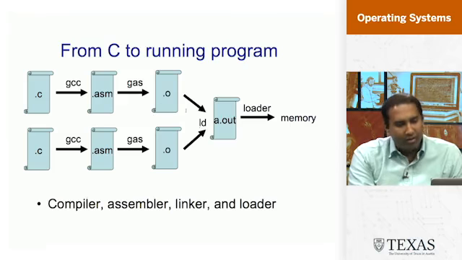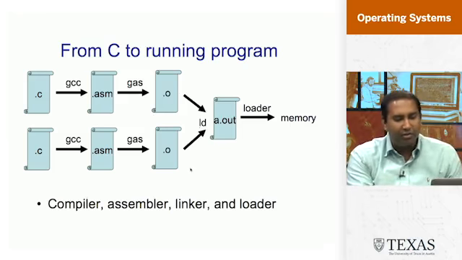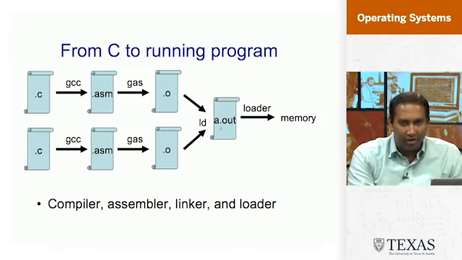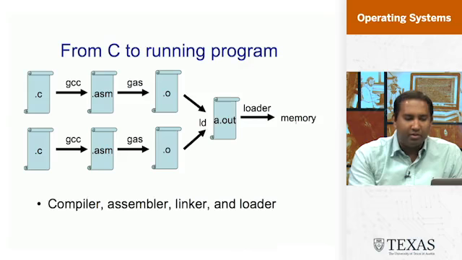These .o files are then linked, because the different files which comprise a single program, it creates an executable, in this case a.out. Your loader then takes a.out and puts it into memory, and then by setting things like the instruction pointer, that's how it's telling the processor this is what you should execute.